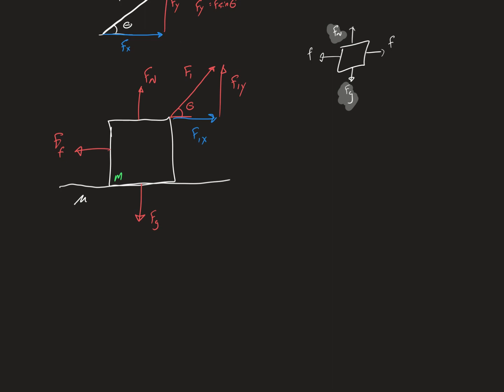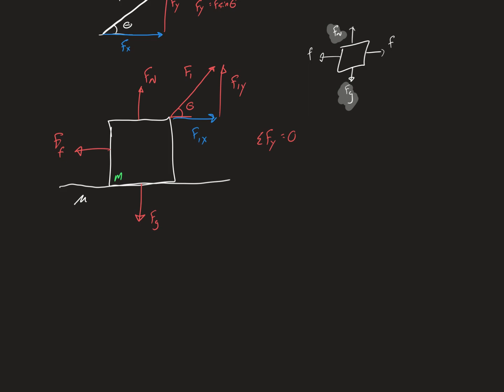So I want us to examine what happens in the y direction now. Let's just assume for a moment that the net force in the y direction is 0. In other words, the object doesn't accelerate off of the table. And for the most part, that's going to be the assumption that we can make. So when we look at this, it's basically everything going up minus everything going down is going to be equal to 0.